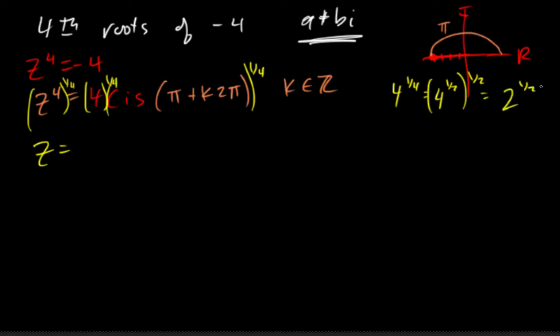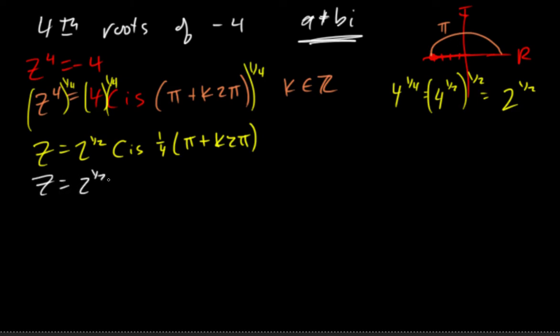So it's 2 to the 1/2. So I'm going to simplify that right here. And then right here, I'm going to use de Moivre's theorem, and so that's going to be cis 1/4 like that.